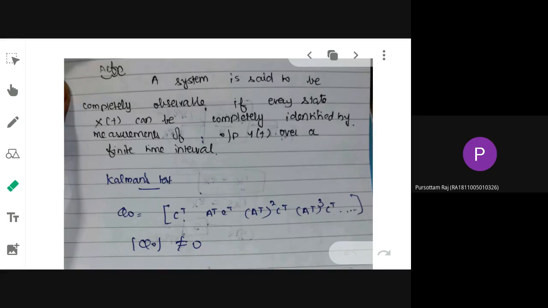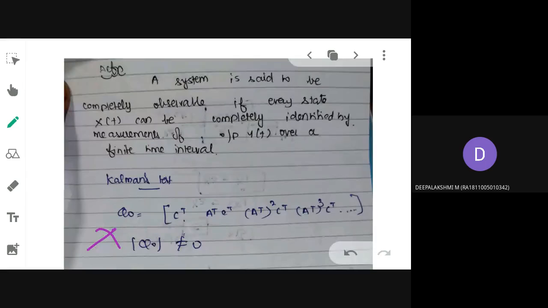And the proof also you take it down. Again, you are going to prove system observability by Kalman's test only, but the formula will differ now. What is the formula that you have here in this case? If you want to prove whether the system is observable, for the other case you had B, AB, A squared B. Here, what is this formula?